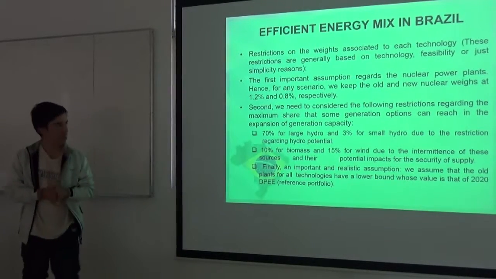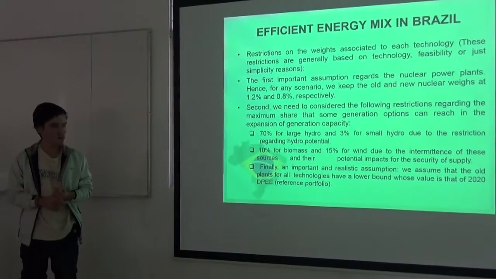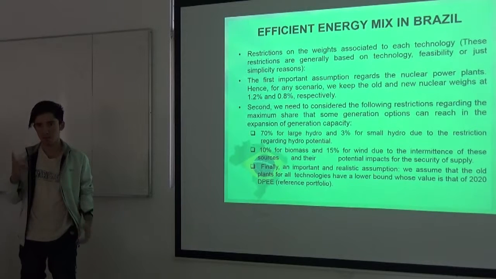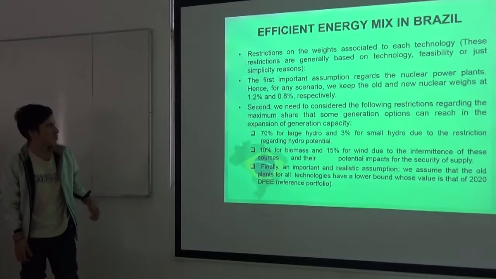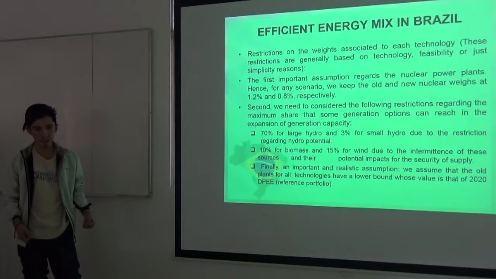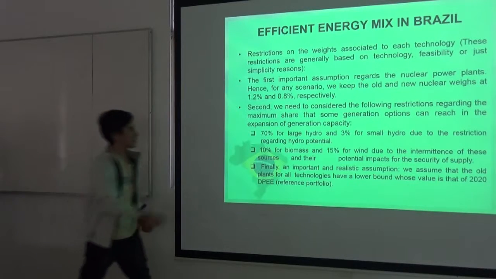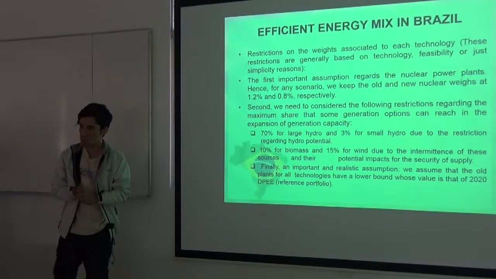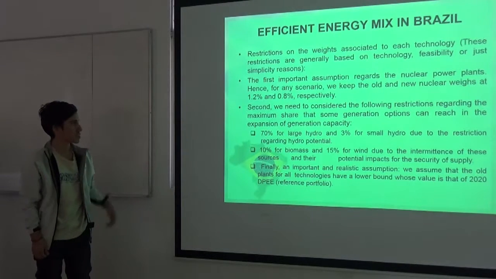Now I will present the estimated results from this paper. First, we need to understand the restrictions. All restrictions in this paper are on weights, on technological weights. For example, the first important exception is the nuclear plant, with only the GPE; in this case the GPE interval is 1.2% and 0.8% respectively.